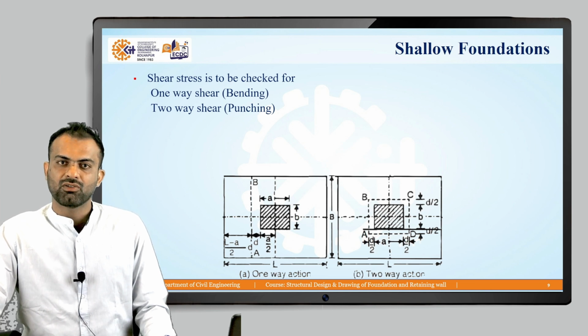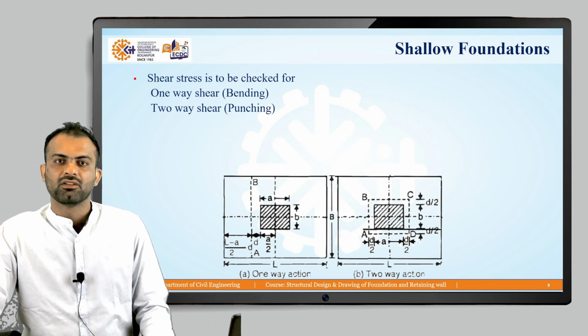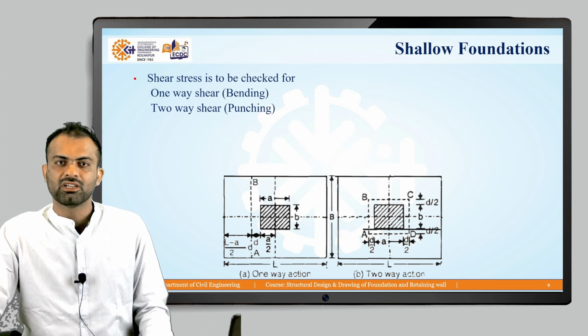When it comes to the one-way shear, the critical section is at a distance of d from the face of the column. We usually do this one-way shear or two-way shear check for heavy columns.